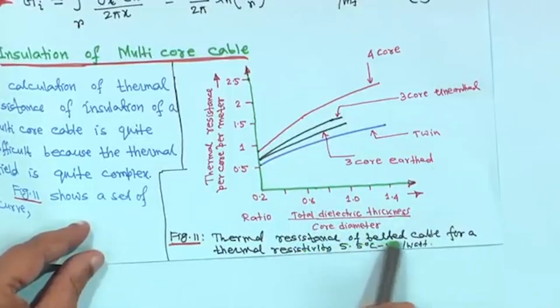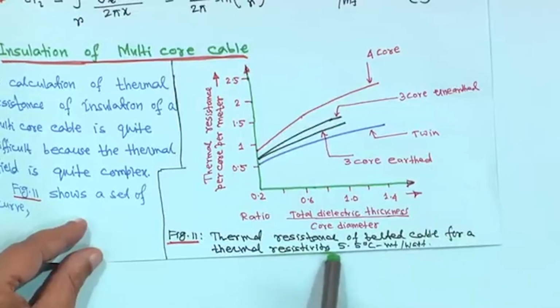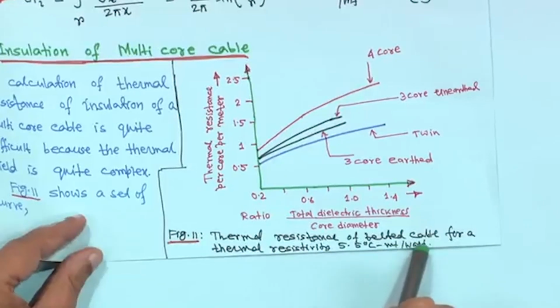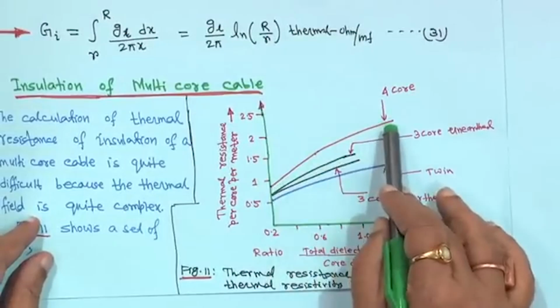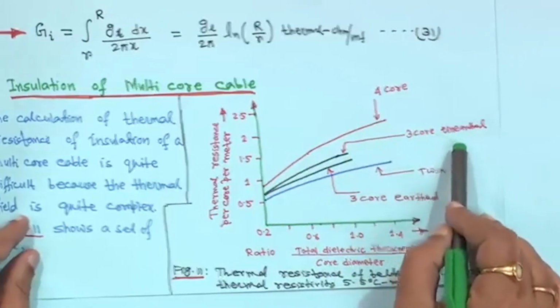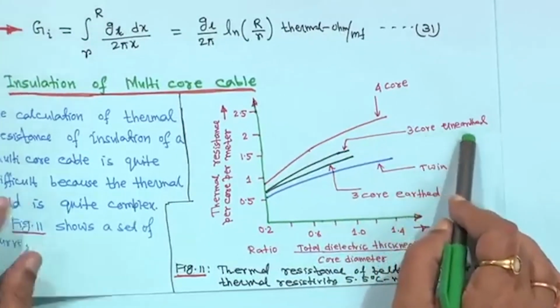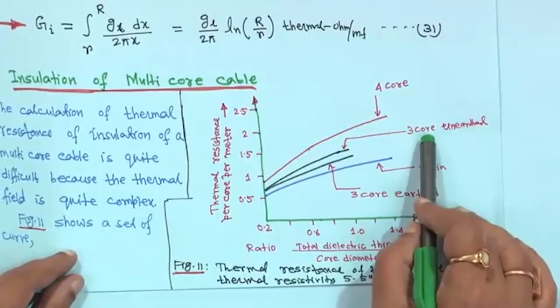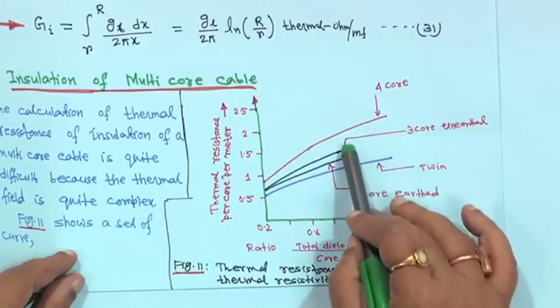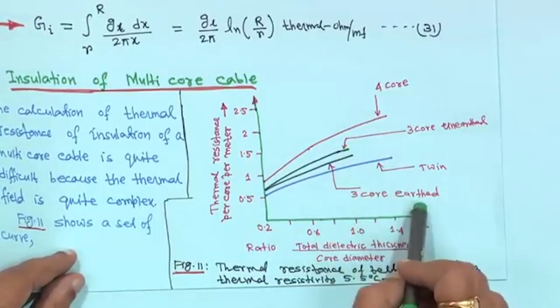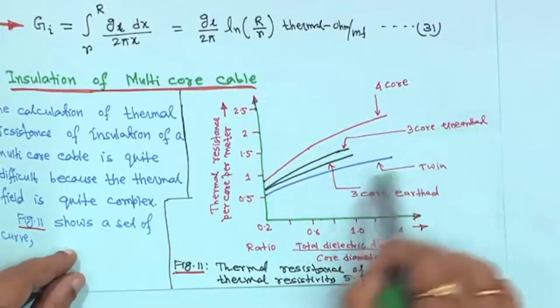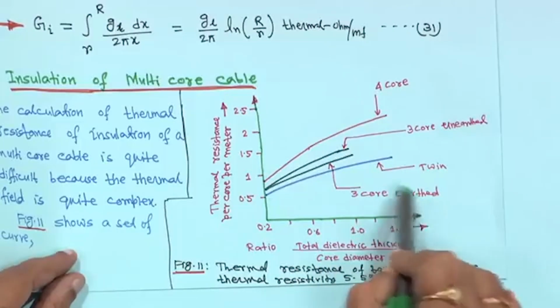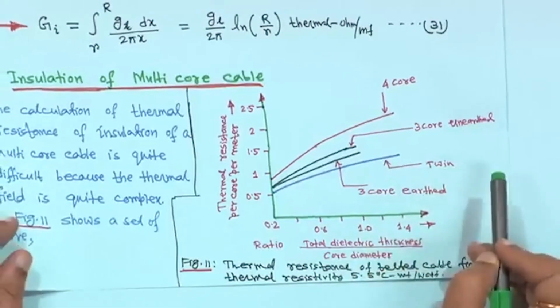So, this is the thermal resistance of belted cable for a thermal resistivity of 5.5 degree centigrade meter per watt. In this case, the 4 core cable is the red one, the 3 core earthed one, I mean 3 core grounded, is the upper black one, and the bottom one is 3 core unearthed, and this is twin, that is, double core.